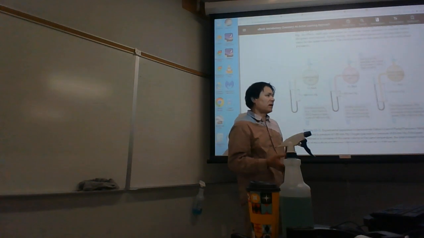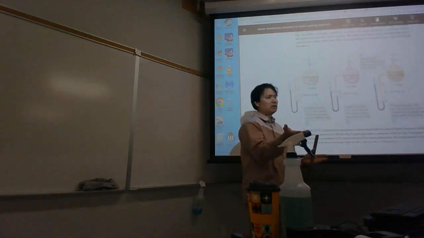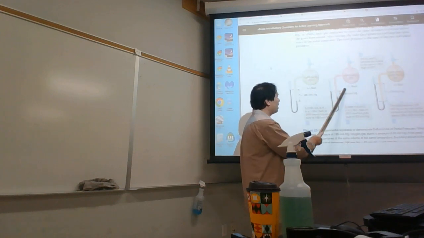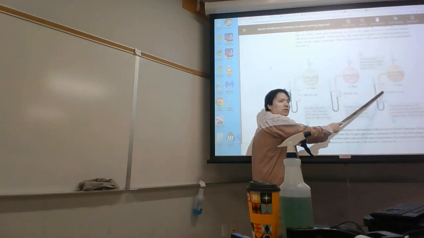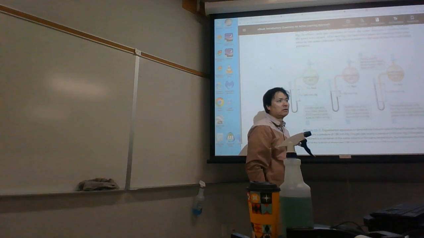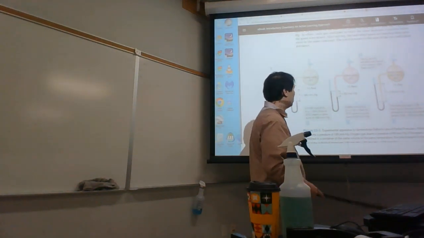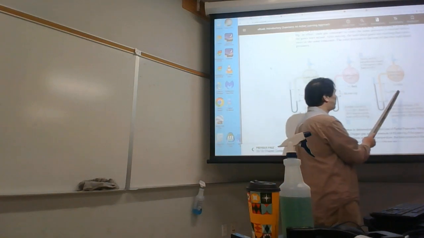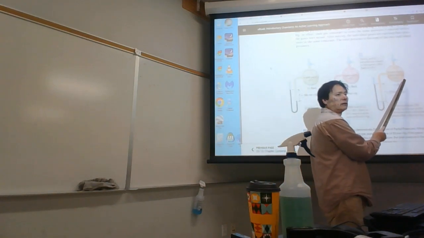In terms of Avogadro's law, if I take 1 liter of nitrogen plus 1 liter of oxygen, I'm going to end up with 2 liters of mixture. That's Avogadro's. But for Dalton's law, if I take 1 liter of nitrogen plus 1 liter of oxygen, I'm going to get 1 liter of mixture.